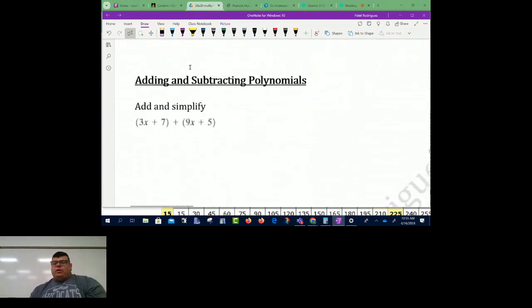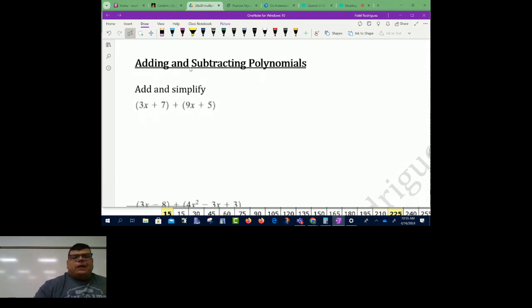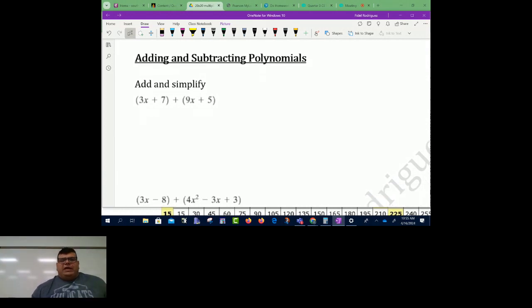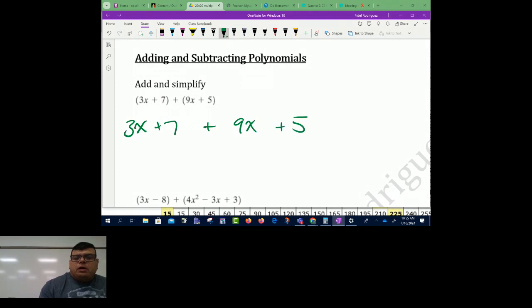Okay, so y'all, adding and subtracting polynomials. When we add or subtract polynomials, y'all, all we're doing is we're combining like terms. I always tell my students, y'all, if the problem says add, I'm going to rewrite the problem, but I'm going to drop all of the parentheses. So I'm just going to rewrite like this, but I'm not going to put any parentheses there.